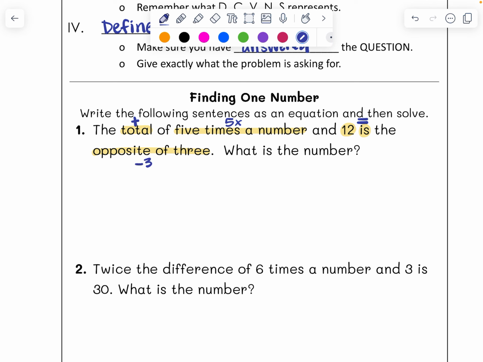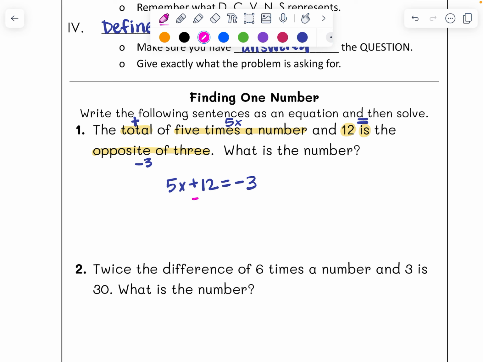What's the number? So we need to write out our equation. The total of 5 times the number and 12 is the opposite of 3. I would write this as 5x plus 12 equals negative 3. And now I solve this equation.